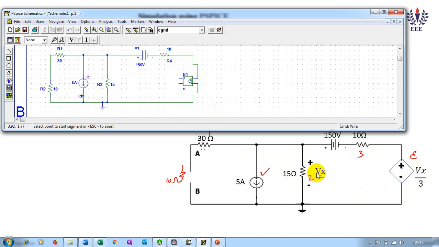It is across 15 ohm, with the top positive and the bottom negative. So in PSpice, the positive of the dependent source is connected at the top of 15 ohm, and the negative is connected down to the bottom of 15 ohm. Thus the circuit is now completed.